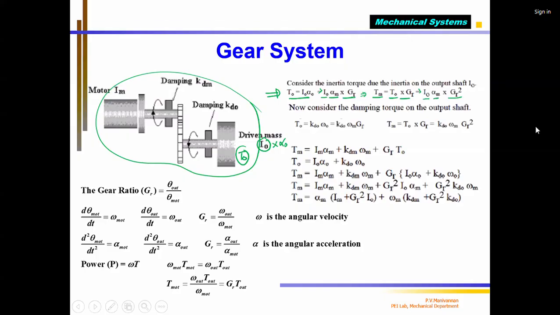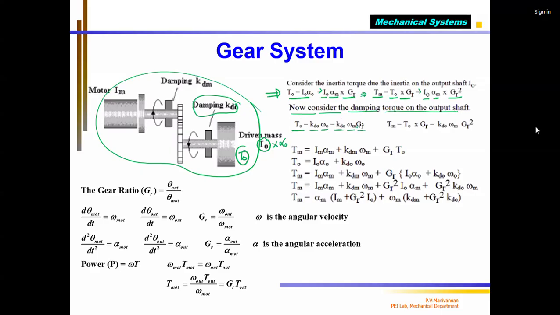Okay, so from this, now we can consider that because we are talking only about torque, but there is friction which is going to consume some torque, and that should be taken care of. By considering damping also on the output shaft, we can write T naught equal to KD naught into omega naught, which can be written as KD naught into omega m multiplied by GR, where omega m is the motor speed.